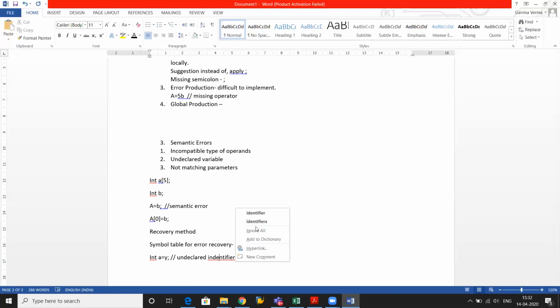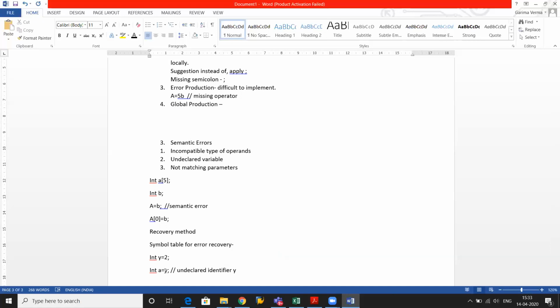Now what happens? As a user, when you get this error, you declare the identifier y before a. You declare it here. Now what will happen? Why did the semantic analyzer give you this error? Because y was searched in the symbol table and your semantic analyzer did not find y in the symbol table.